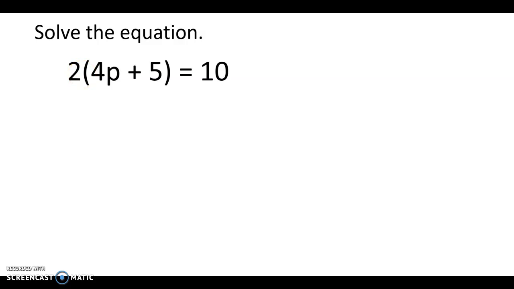What I'm going to do is multiply by the reciprocal of 2, which is 1/2, which is the same as dividing by 2. If I times it by 1/2 or divide it by 2, these are going to cancel, leaving me the 4p plus 5. And on the other side, 10 times a half, or 10 divided by 2, is 5.